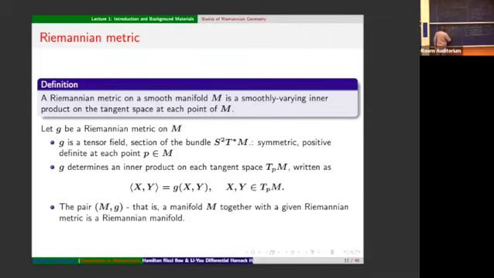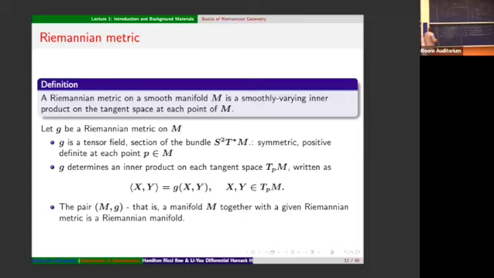Well, I didn't mention this is a cotangent bundle that I denote as this, where TM is denoted as a tangent bundle. It's in the previous slide. So if you have G, it's a section of this, meaning that G is symmetric and G is positive definite at this point.